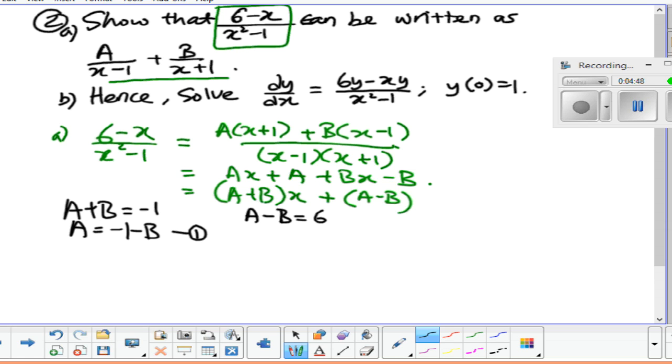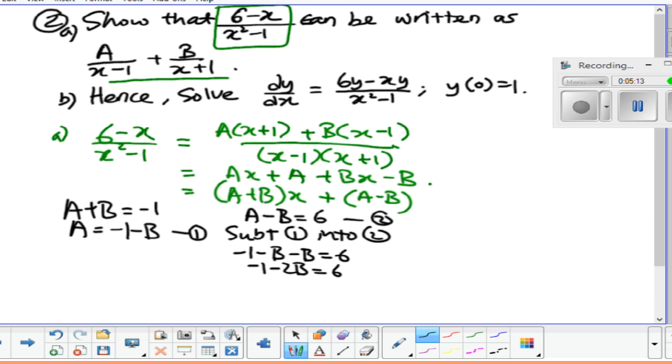So I can substitute equation 1 into equation 2. Negative 1 minus b minus b equal to 6, or negative 1 minus 2b equal to 6, or 2b equal to negative 7, b is equal to negative 7 over 2.